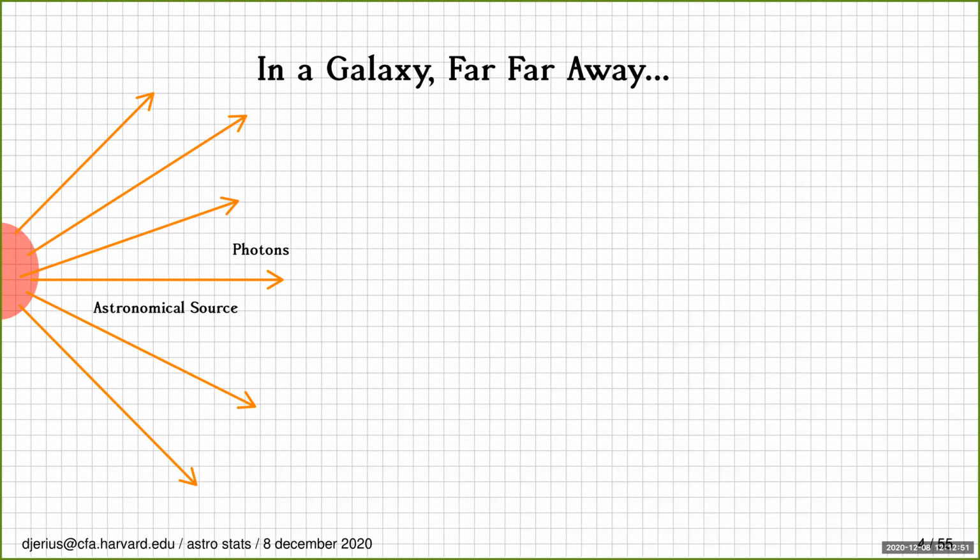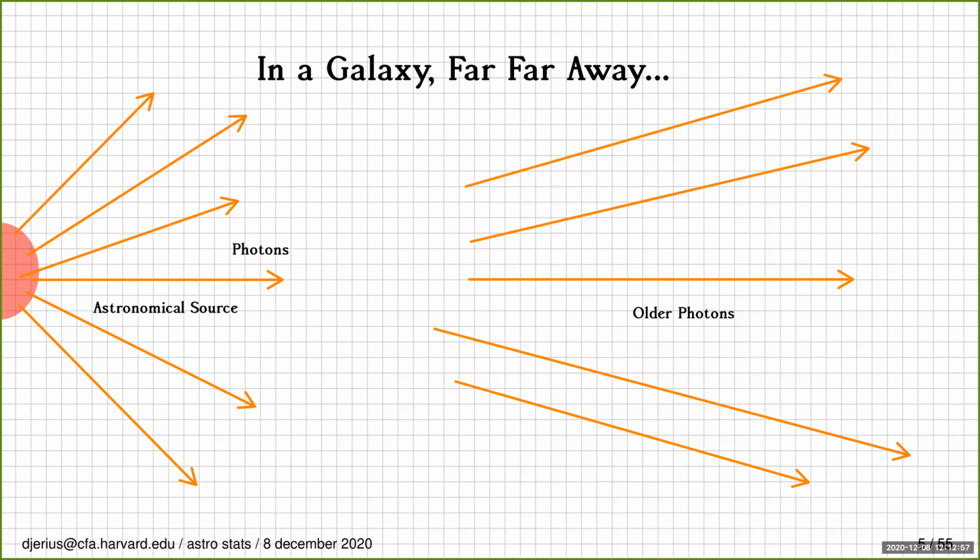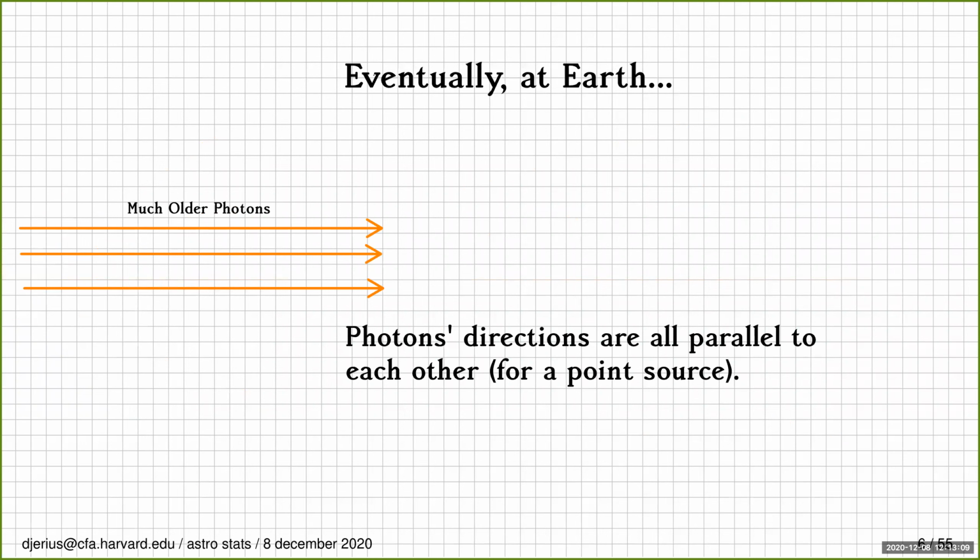So a very brief description of how telescopes work, and I apologize if this is too fundamental. So when you have a faraway object, it emits light in all directions. As that light comes towards us, the light that's not pointed directly at us doesn't reach us. Eventually, by the time the light gets to us, all the photons are pretty much traveling parallel to each other, if it's a point source.